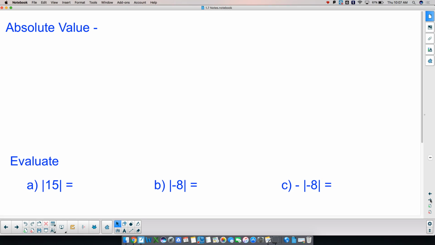What is the true meaning? Anybody know what the true meaning of absolute value is? Distance from 0 on the number line. Bingo.